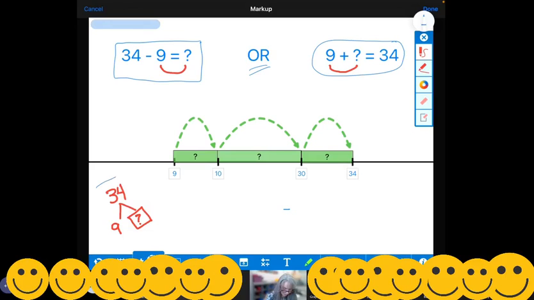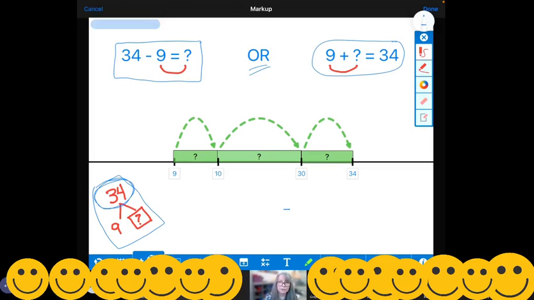I've also drawn a little number bond at the bottom of my screen. This number bond shows the fact family. In a fact family, we always have the largest number, or the sum, at the top of our number bond.